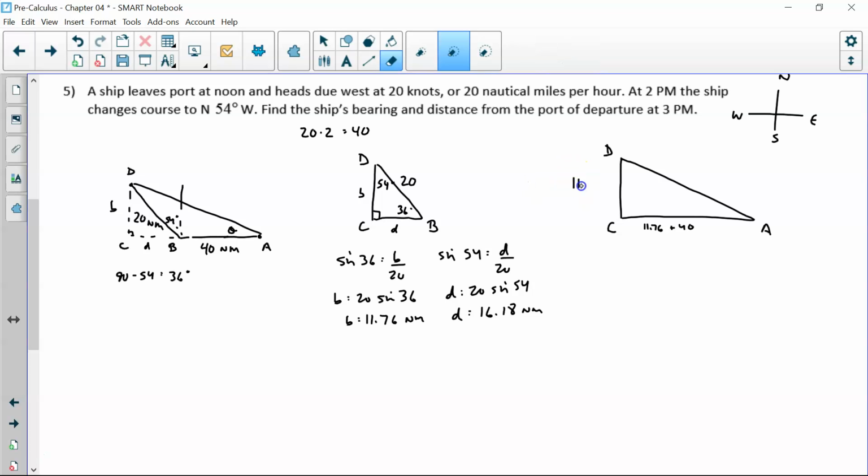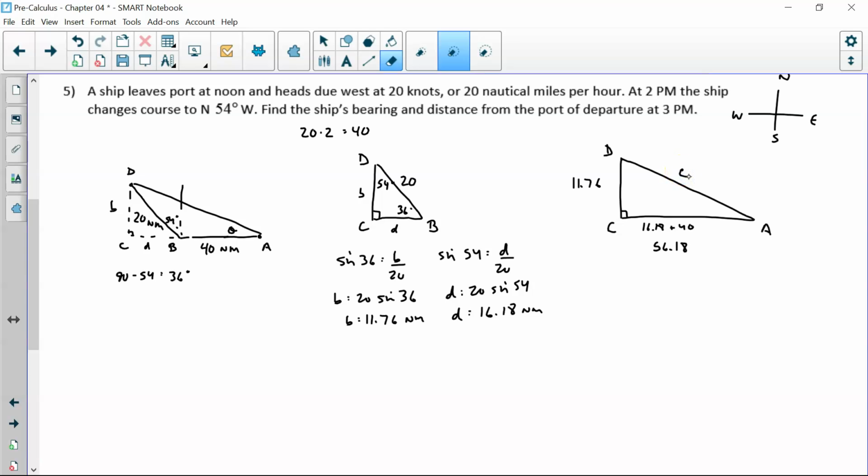This one is 11.76, and down here it's 16.18 plus 40, so it's going to be 56.18 down there. This is a right angle, and we're going to find this missing side length.